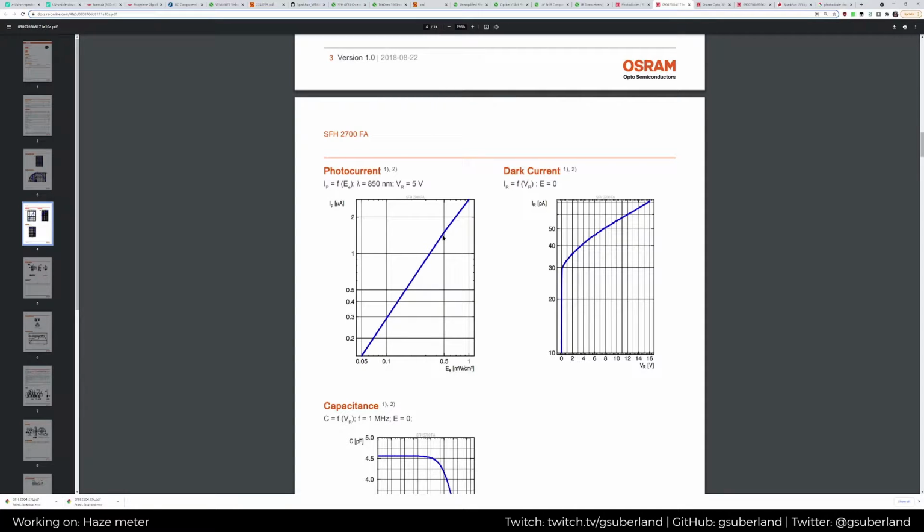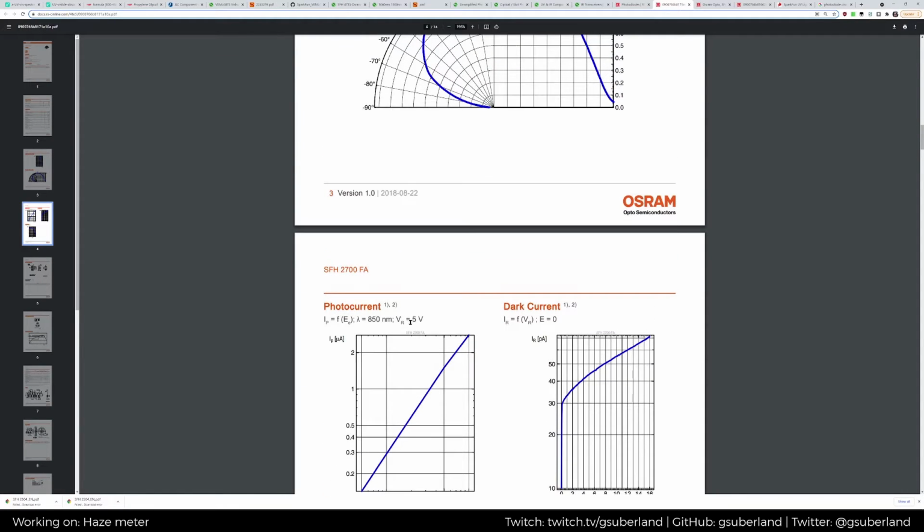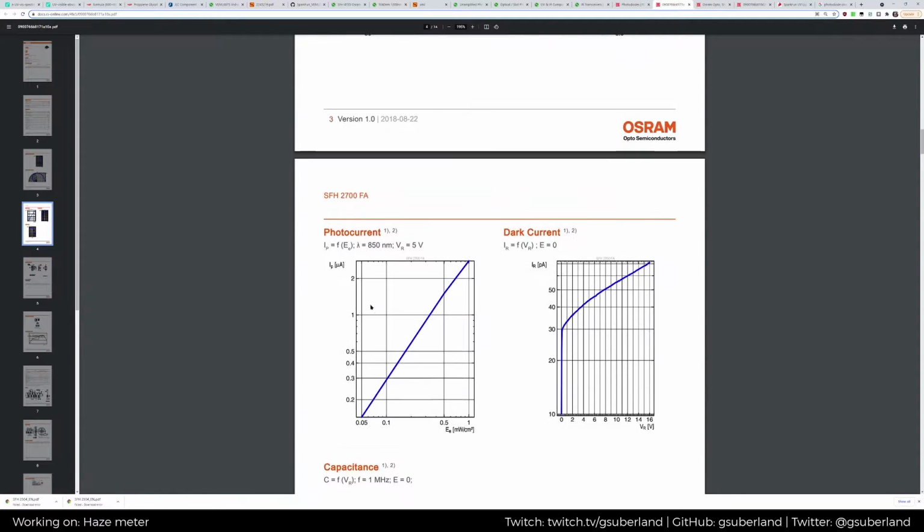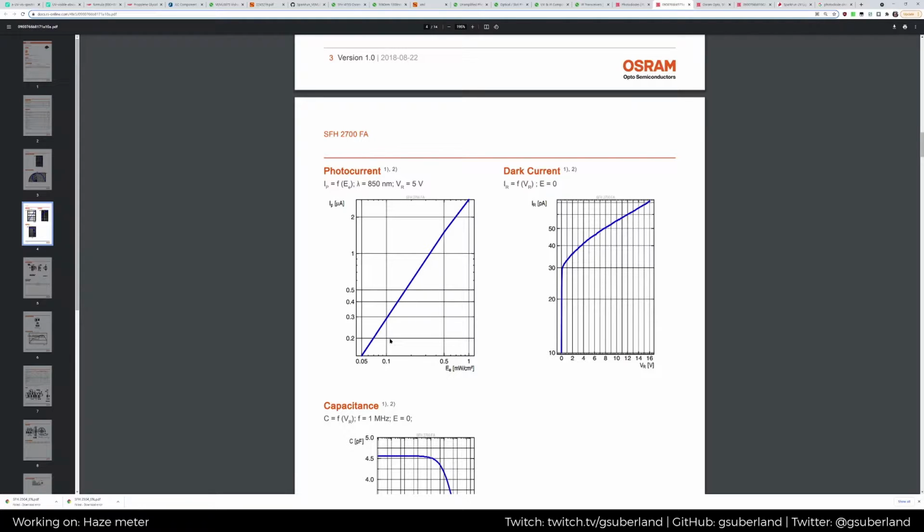Why would you make a graph where all of these are completely variable in size, like 0.2 to 0.3 versus like what? This is a terrible graph. So I guess about 2.5 microamps. Although this is at 5 volts, and I'm more likely to be using 3.3.